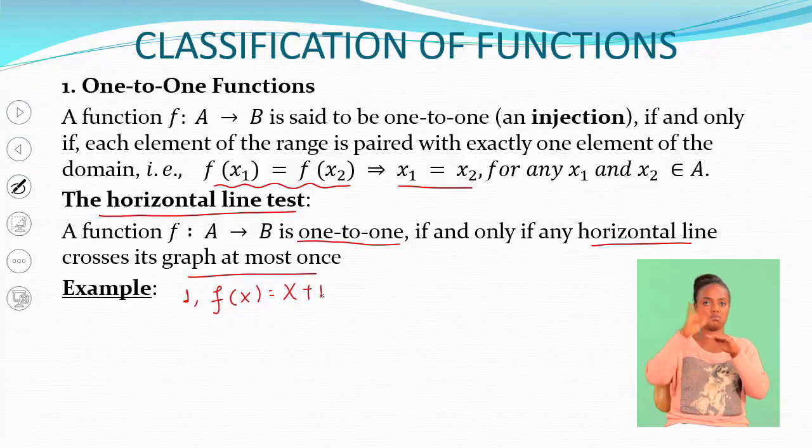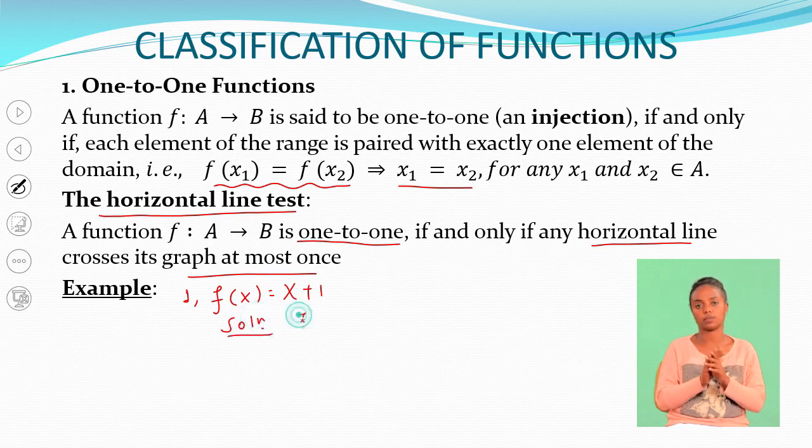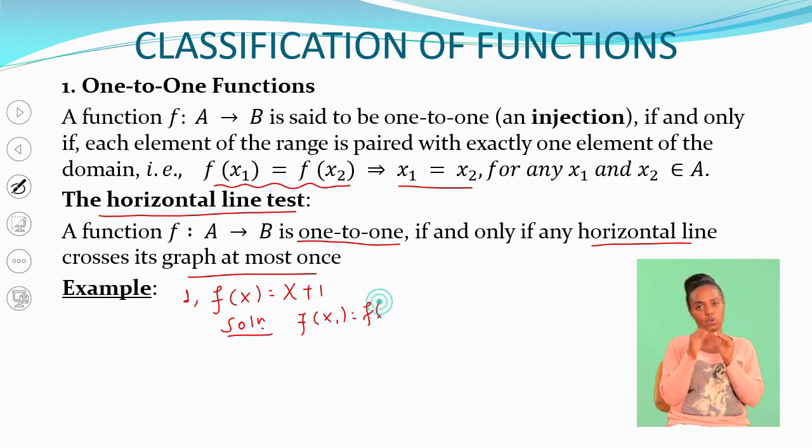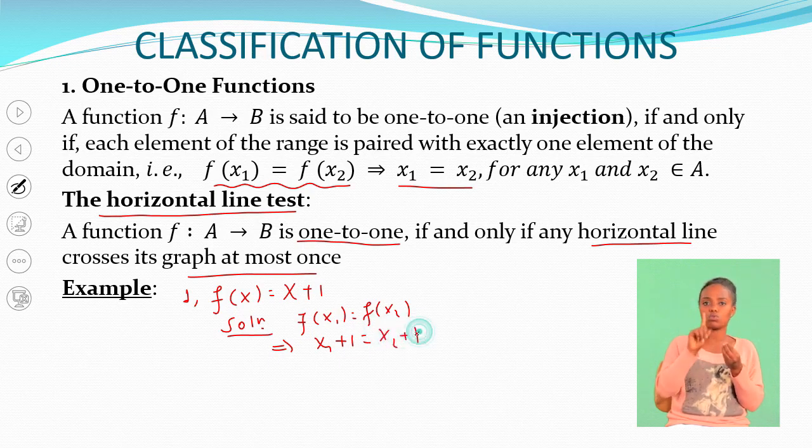So let's check the solution. f(x1) is equal to f(x2). This implies f(x1) is x1 plus 1 and f(x2) is x2 plus 1. These two cancel out, and you have x1 is equal to x2.